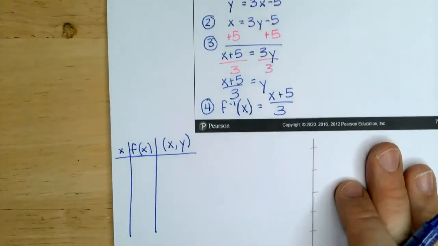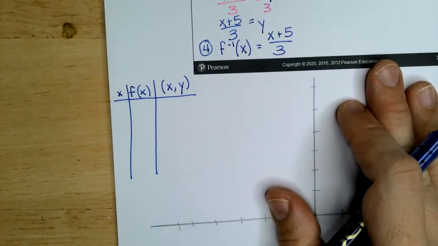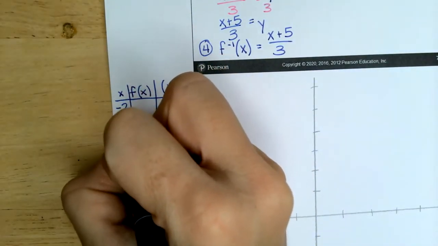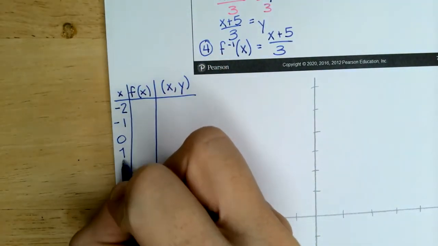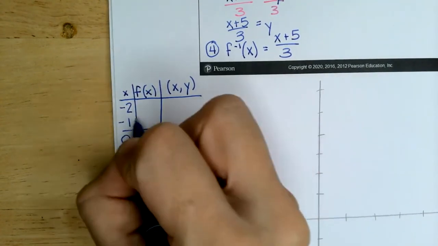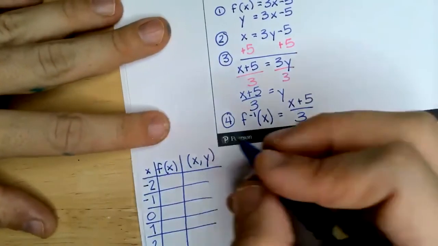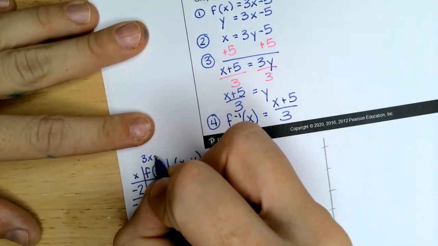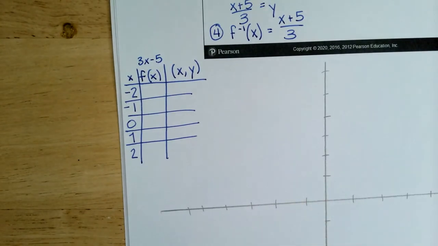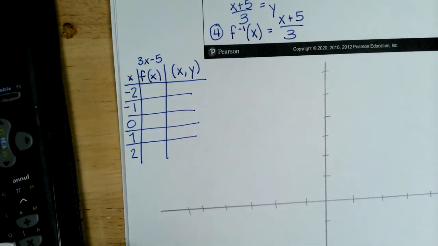So for 3x minus 5, if x is -2, -1, 0, 1, and 2, right? Let's just put those into the equation, 3x minus 5, and see what comes out. So -2 times 3 minus 5.